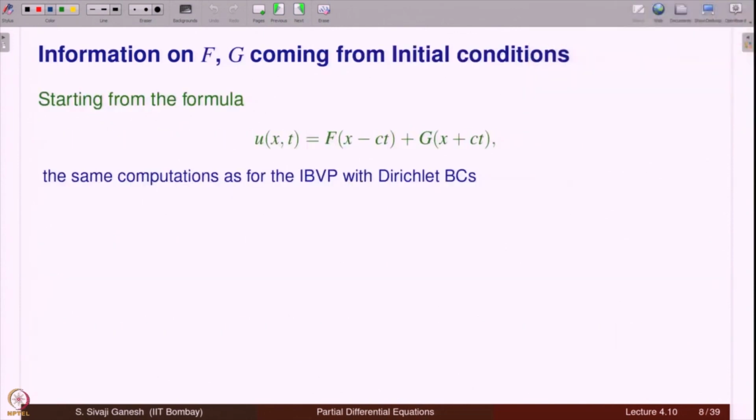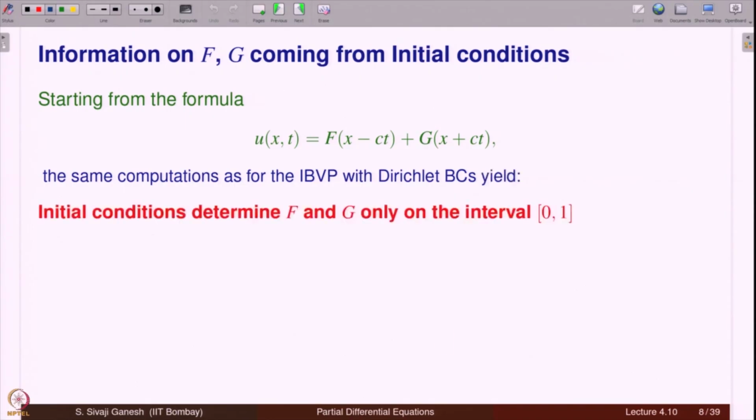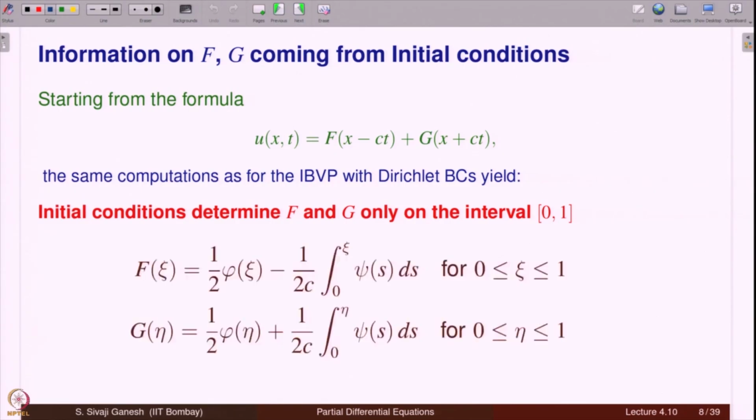Okay, let us start from this formula, u(x,t) equal to f of x minus ct plus g of x plus ct. The same computation that we did for Dirichlet boundary conditions, exactly the same conditions will come if you are looking at what happens to f and g from the initial conditions. How much of f and g are determined by initial conditions? We get the same expression.